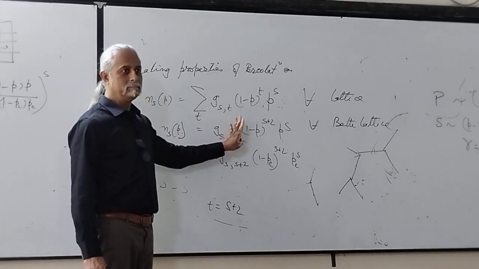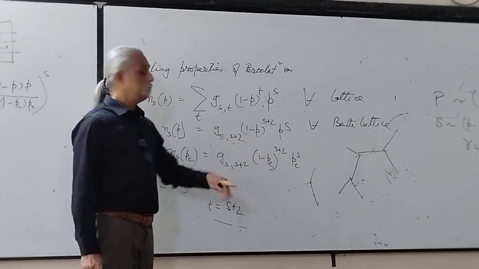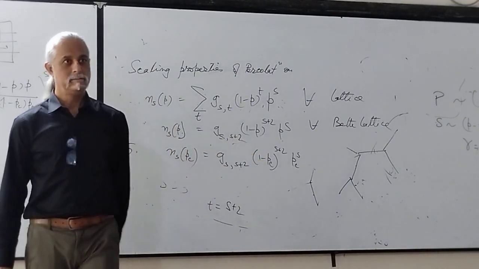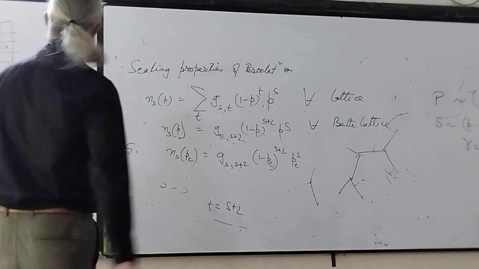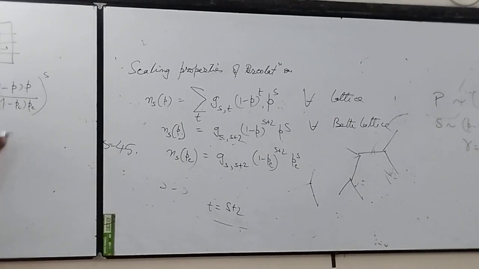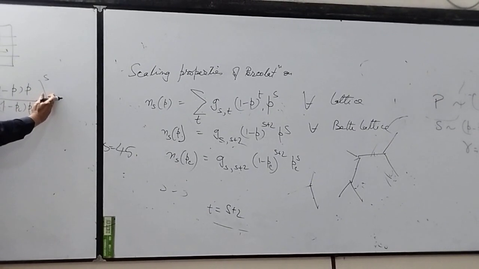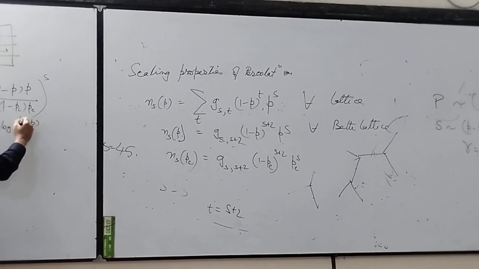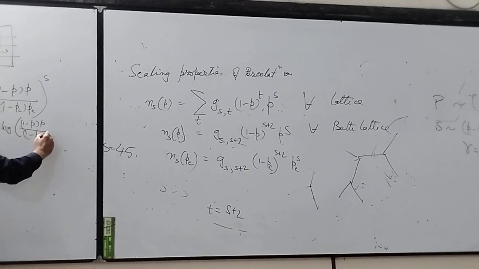My current purpose is not g_s; I don't need it now. Soon you will realize that this thing plays extremely well, fine. So we can write (1 minus p by 1 minus p_c) to the power 2, e to the power log of this, so s log of (1 minus p times p) over (1 minus p_c times p_c).